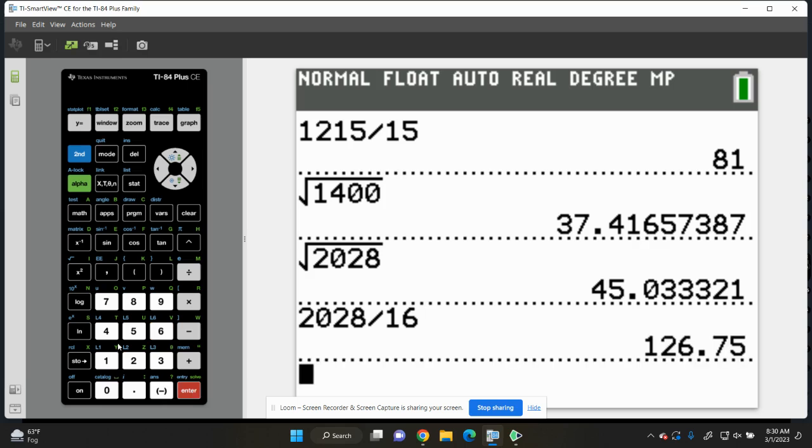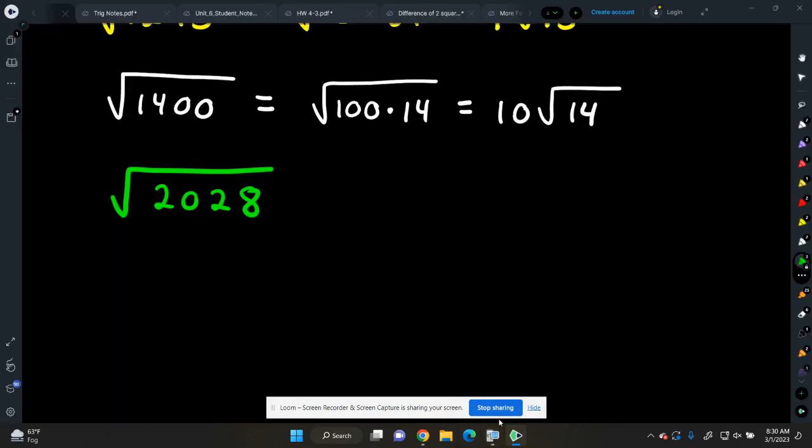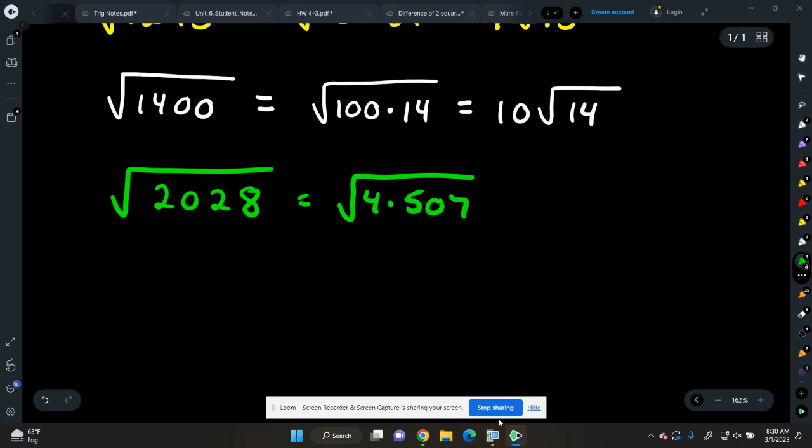Okay, let's try 4. 2,028 divided by 4 goes evenly. So we've got square root of 4 times 507. We know the square root of 4 is 2. Now we have to work on that 507.